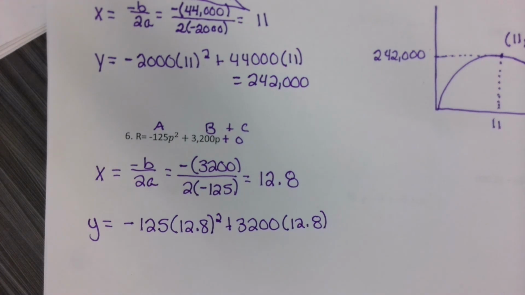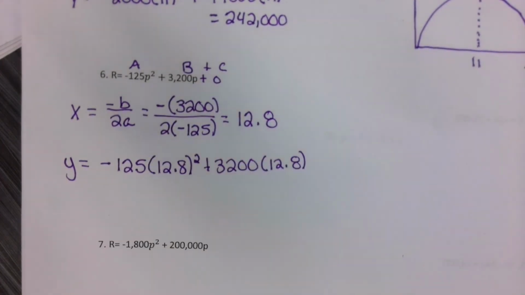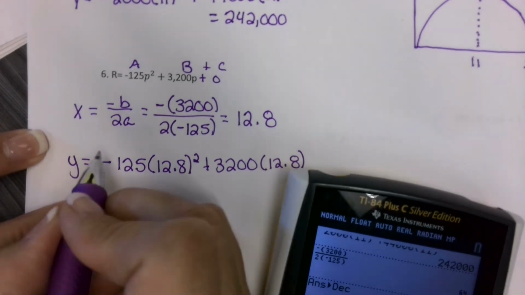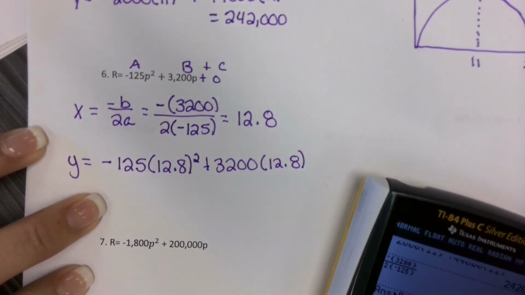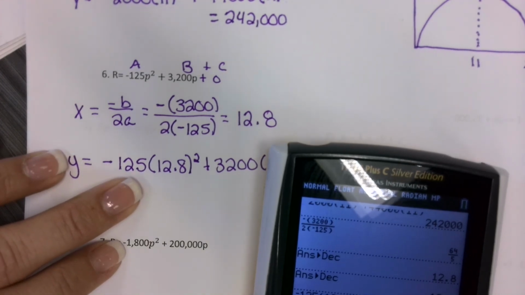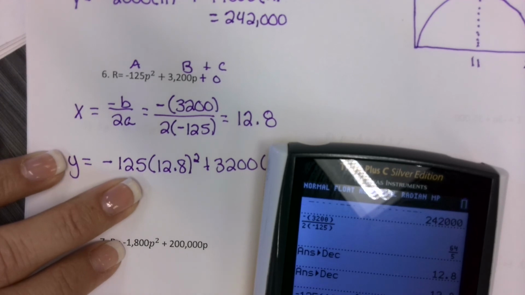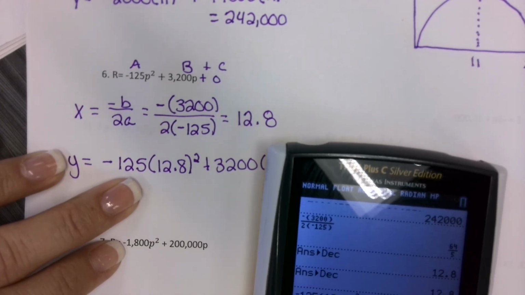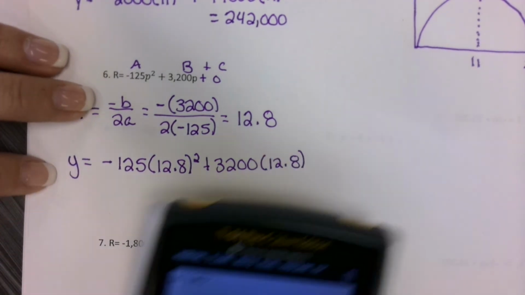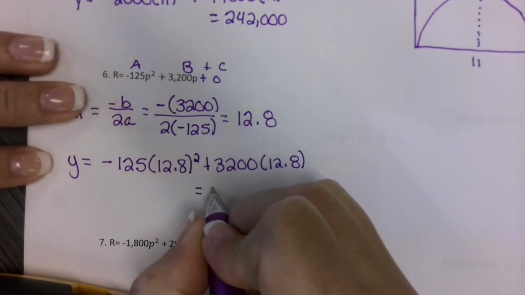And I'm just going to shove it in my calculator exactly like I see it. Negative 125. I was getting decimal happy there for a second. Parentheses 12.8 squared plus 3,200 parentheses 12.8. And we have 20,480.